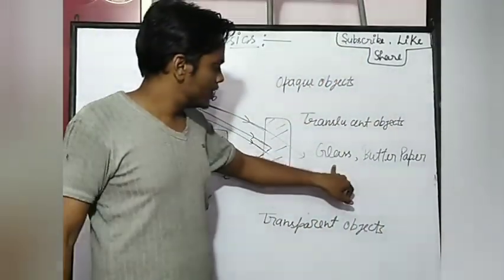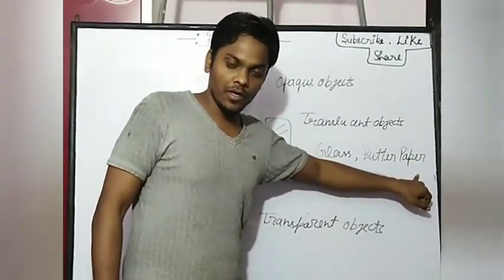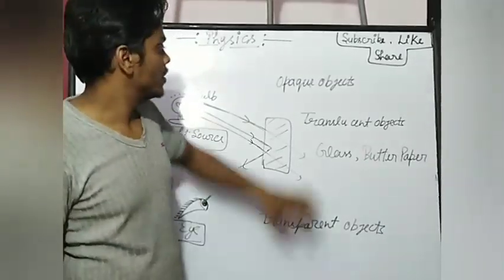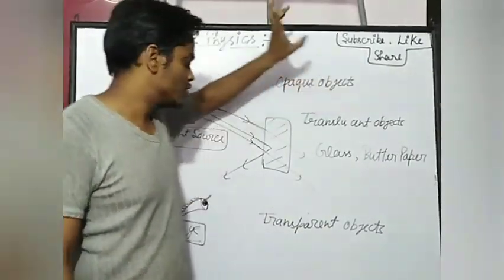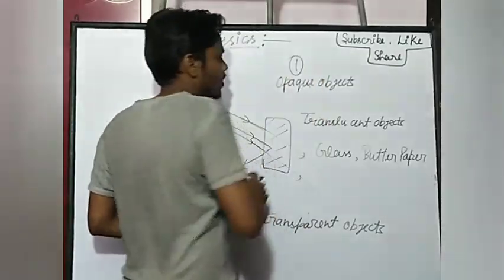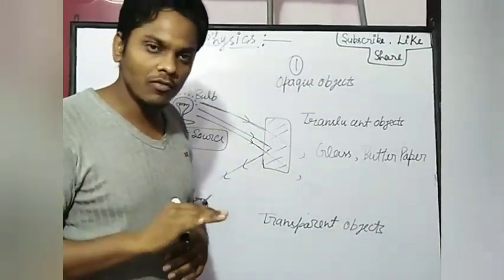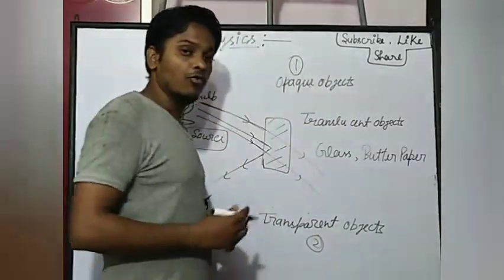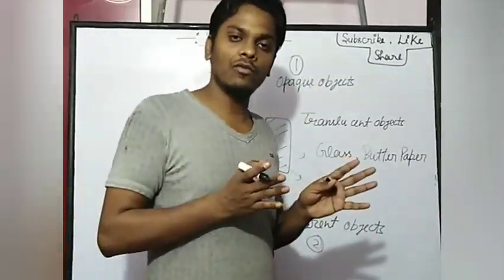Light passes completely through glass, partially through butter paper, and will not pass through an opaque object. So we have three kinds of objects. First one is opaque object, totally blocking the ray of light. Second is transparent, fully passing the light.